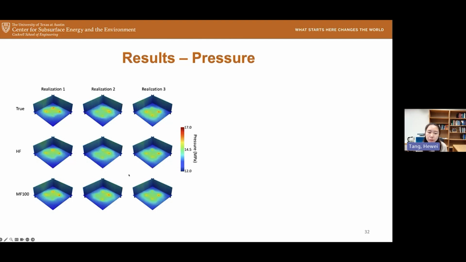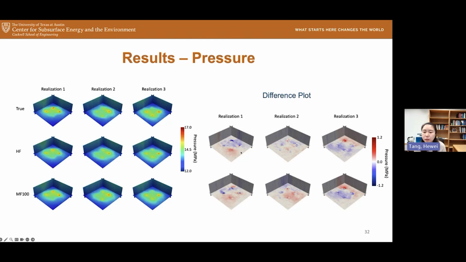And we can see that the predictions of high fidelity and multi-fidelity models are really similar. And it's even more obvious if we calculate the difference of the model predictions with true model predictions. And so they are within the same error range.